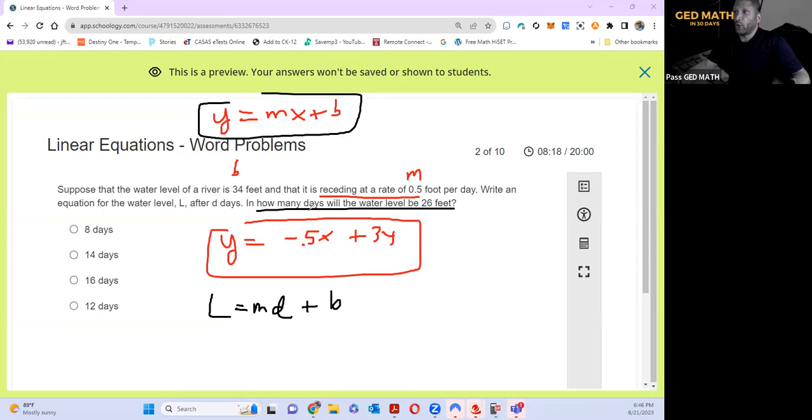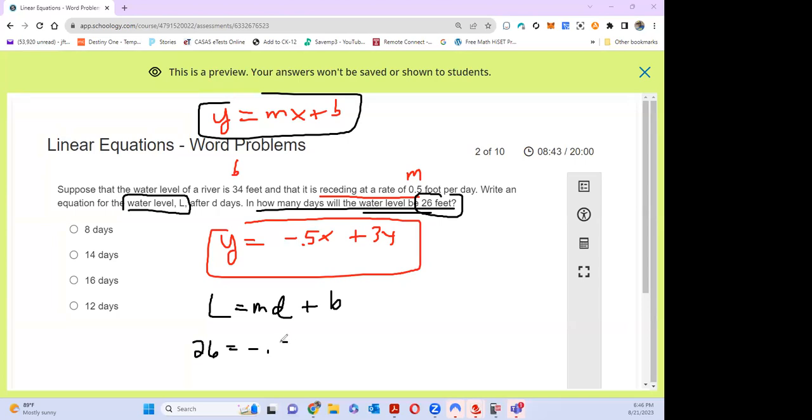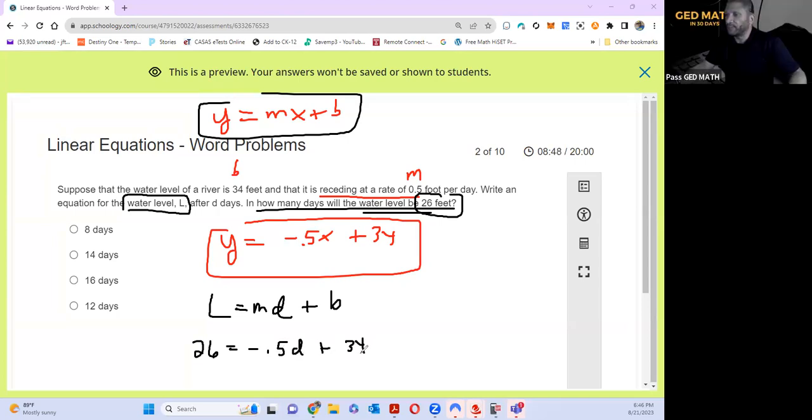How many days until the water level is 26 feet? They want to solve for d, so that means this 26 is L. That's the water level, described by the variable L. So 26 equals negative 0.5d plus 34.